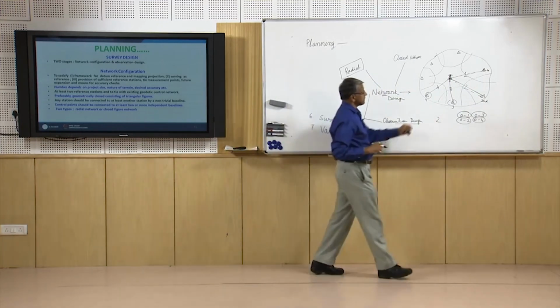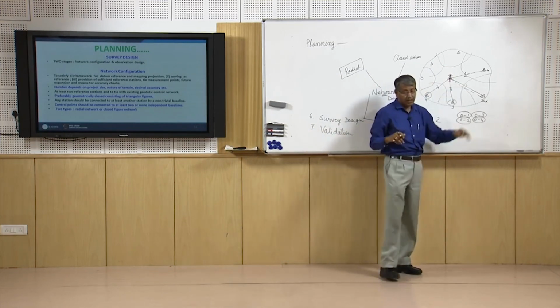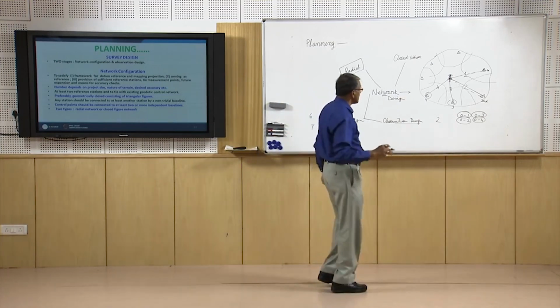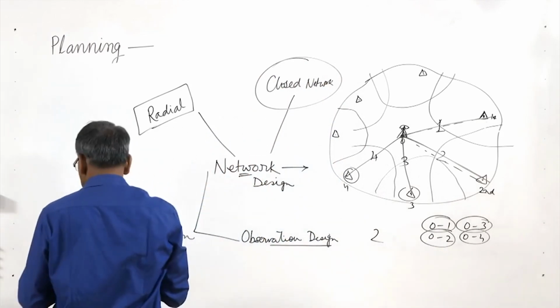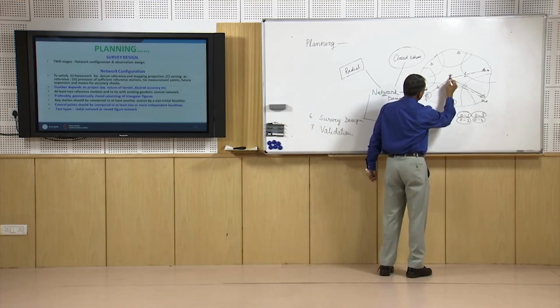For small area surveying this is a good method, but when we want to go for very accurate surveying, then instead of the radial method we go for a closed network. In that case, what will we do? We will do some networking like this.